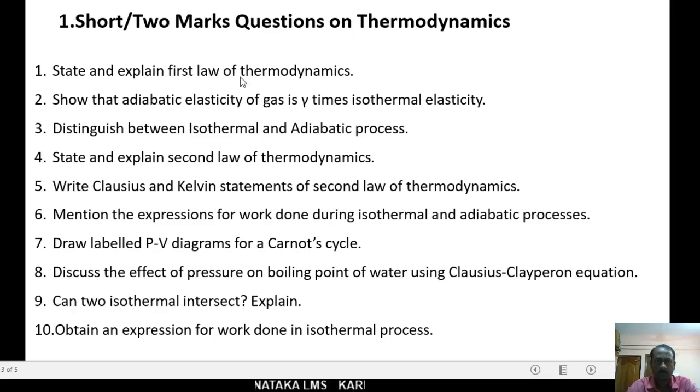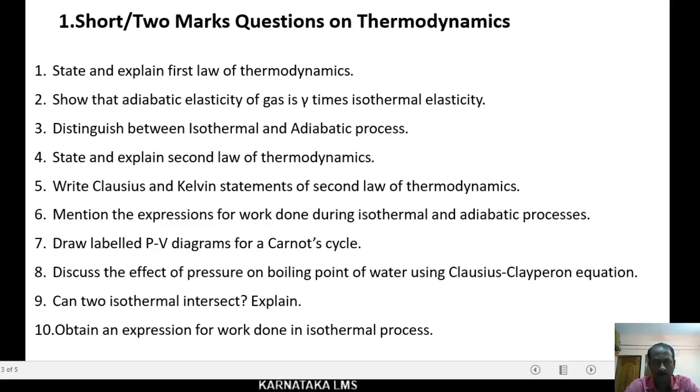Second question is show that adiabatic elasticity of gas is gamma times isothermal elasticity. For this one, you should derive isothermal elasticity and adiabatic elasticity.